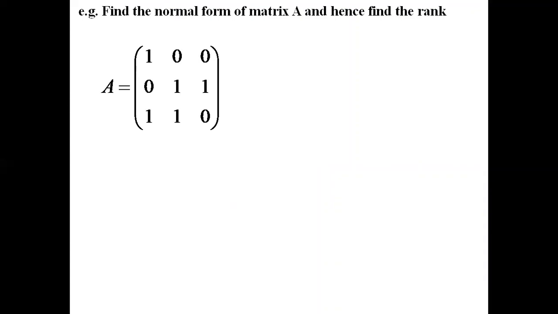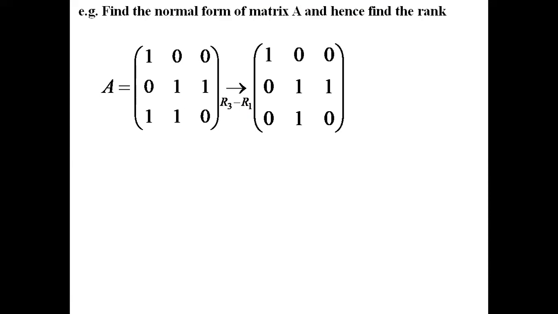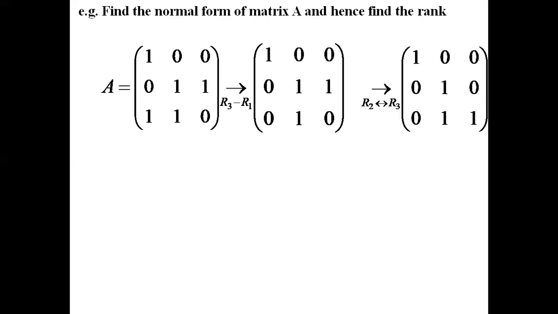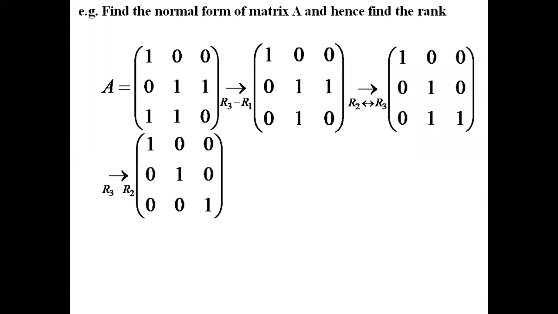Tell me what it is. Rank is 2? How is it 2? Sir, R3 minus R1, then R3 minus R2. No, I'm using a different form here, so I will just go through the rank.